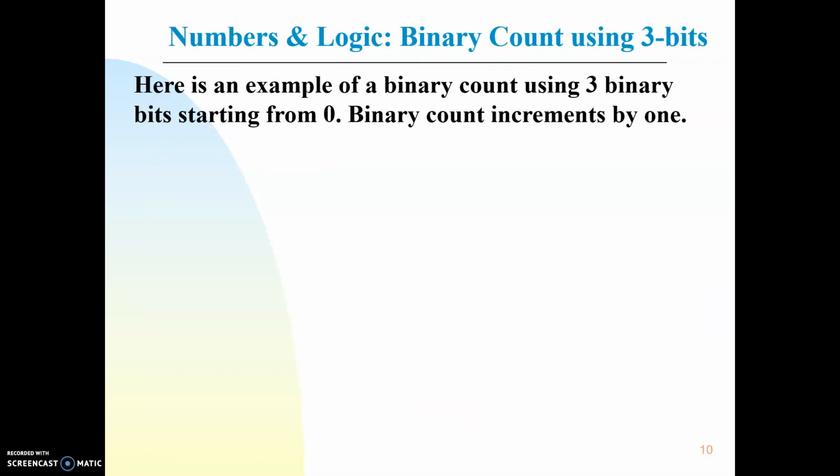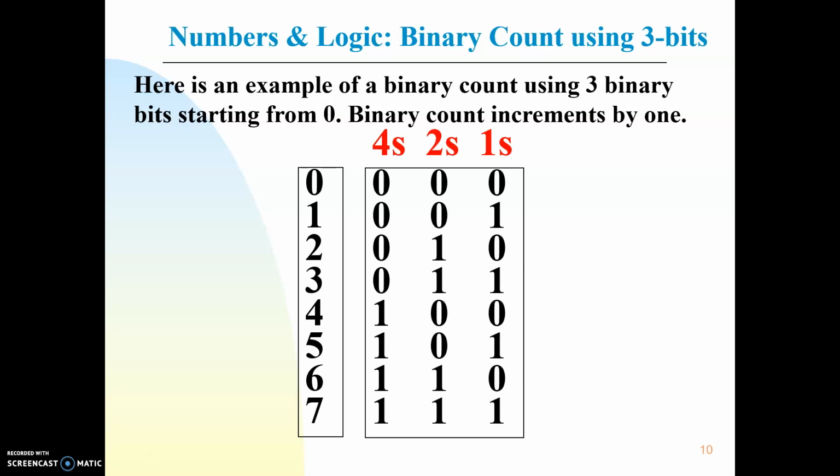Now here I have given one example for the 3-bit binary number system. This table will explain how you can use the 3-bit binary number system to convert binary to the decimal number system. The first position is the 1's position, the second position is the 2's position, and the third position is the 4's position. It starts with number 0. These are the decimal numbers, and in this block I have shown the binary number.